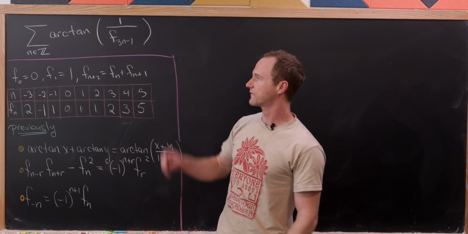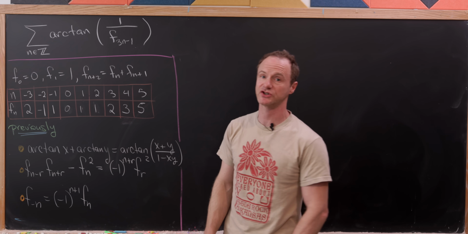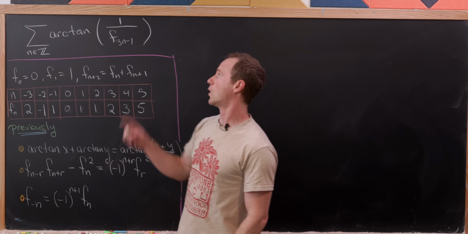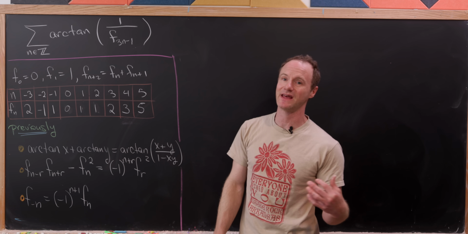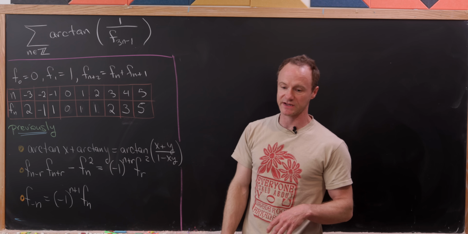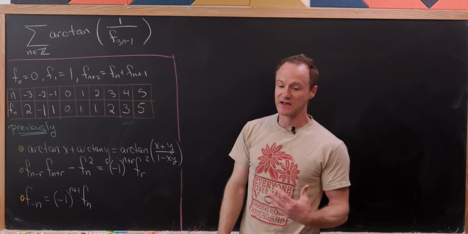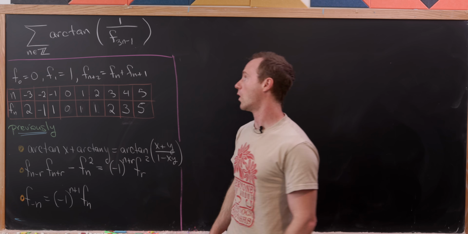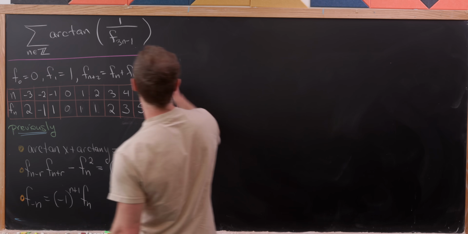Okay, so now looking carefully at our sum, we're summing over all integers n the arctan of 1 over f sub 3n minus 1. The first thing to do here is going to be to extract the n equals 0 and the n equals 1 term. So let's do that.